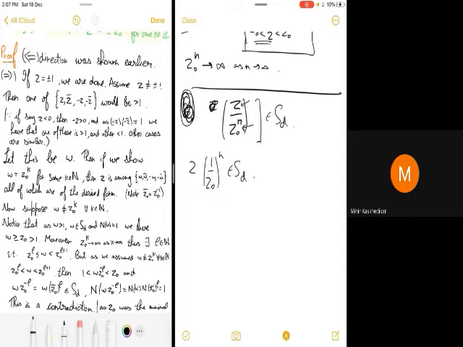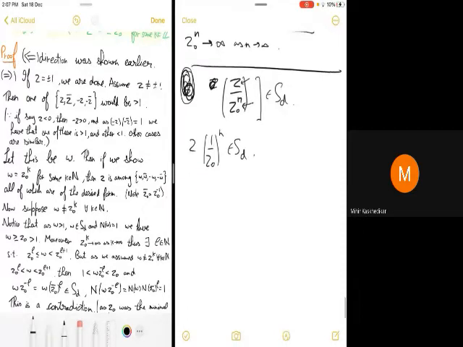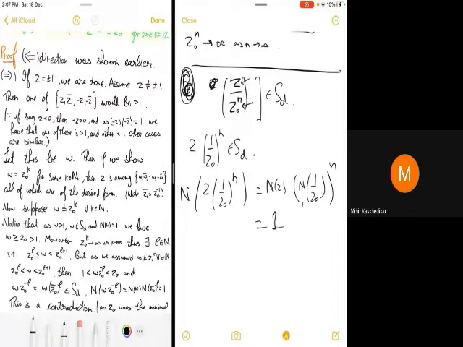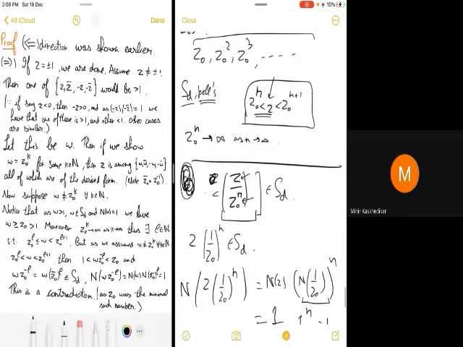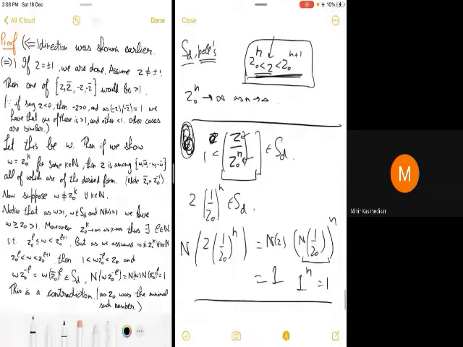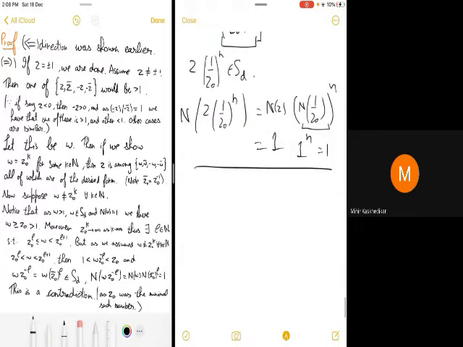Moreover, because of the multiplicativity of norm, this is norm z times norm 1 over z to the power n, and we showed earlier that this thing is also 1. So this would also be a solution, but that is a contradiction because this is greater than 1 but less than z naught.